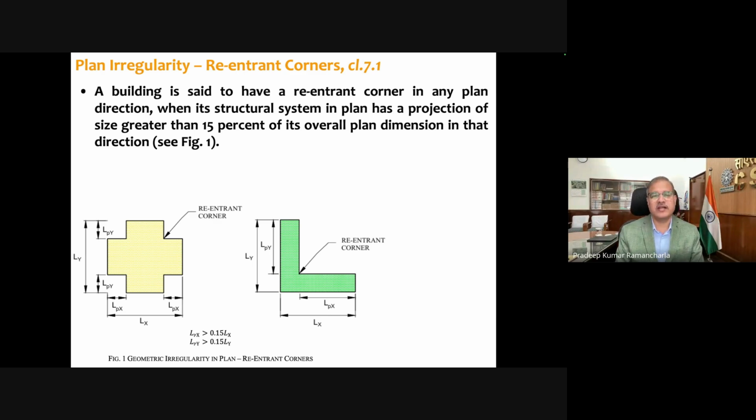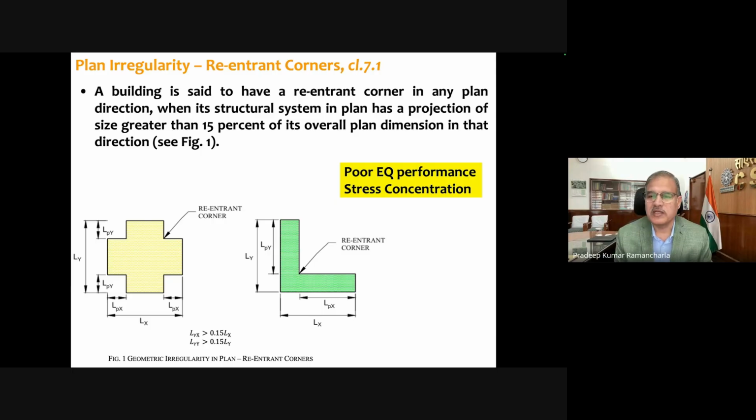That is the definition. So the structural system in plan has a projection of size greater than 15%. If that is there, what will be the problem? There will be poor earthquake performance. What does poor earthquake performance mean? That means stress concentration will take place at the junctions here.